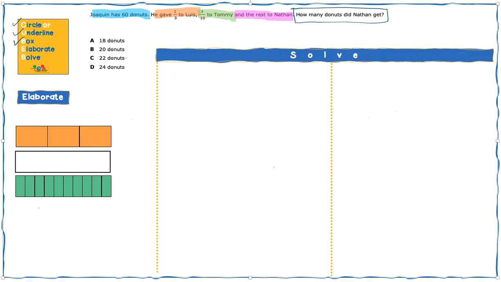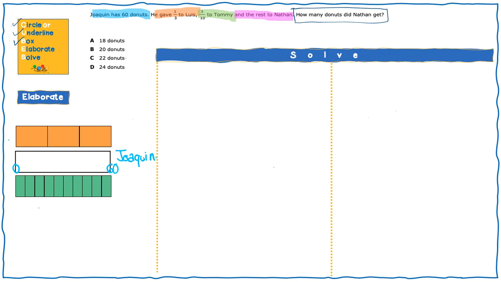And so to represent all the donuts that Joaquin has, it's gonna be 60. I'm gonna say this is starting at 0, and the last one here will be 60. So all of this is what Joaquin has. Then remember that he gave 1/3 to Luis.